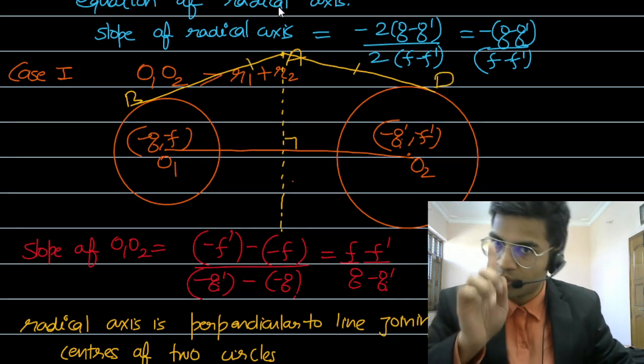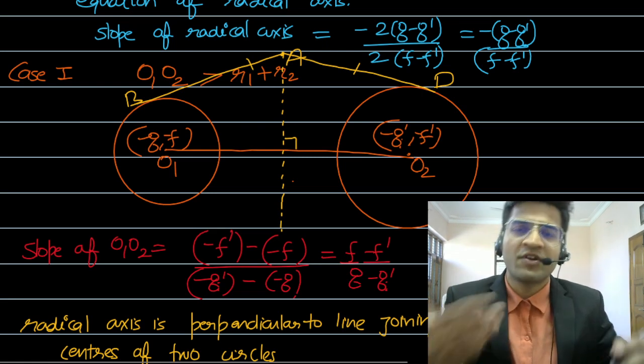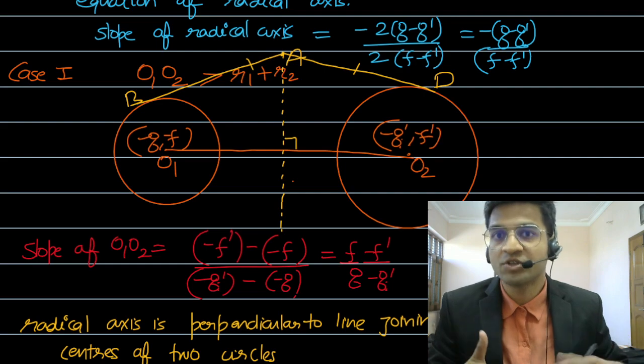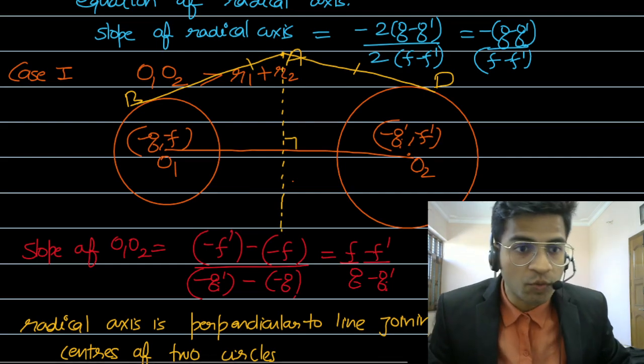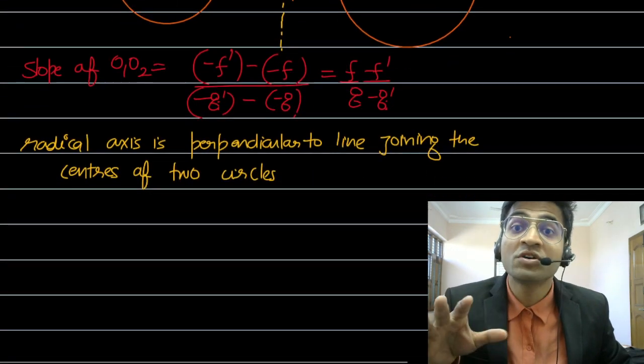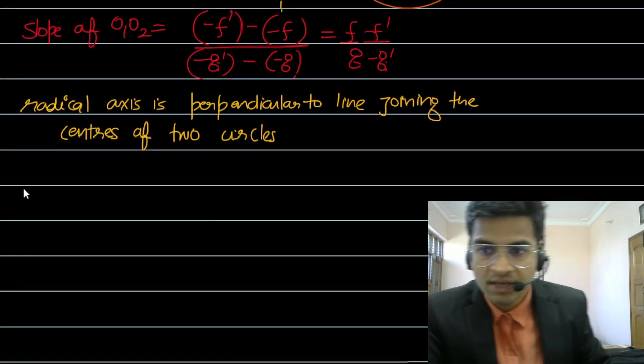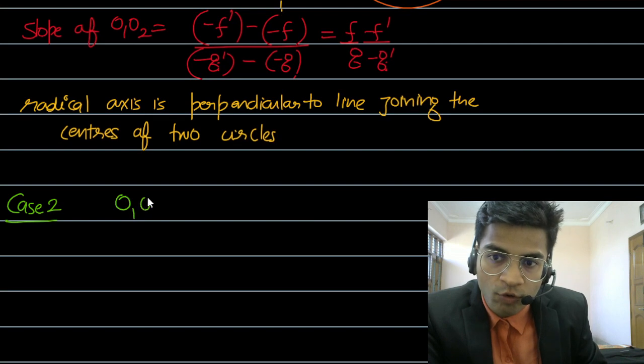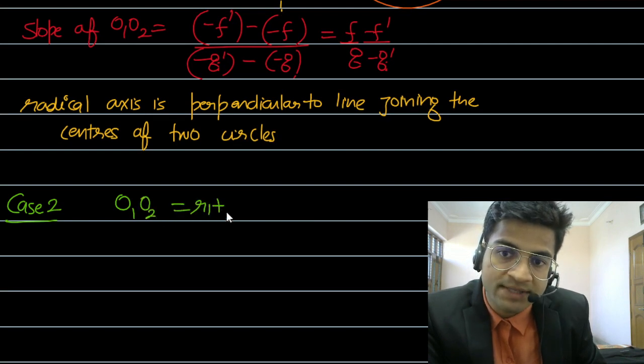So this was case 1. This is not of much interest, but case 2, case 3 and case 4 are all of great interest to us. So case 2: if two circles are touching each other externally, O1O2 is equal to R1 plus R2.